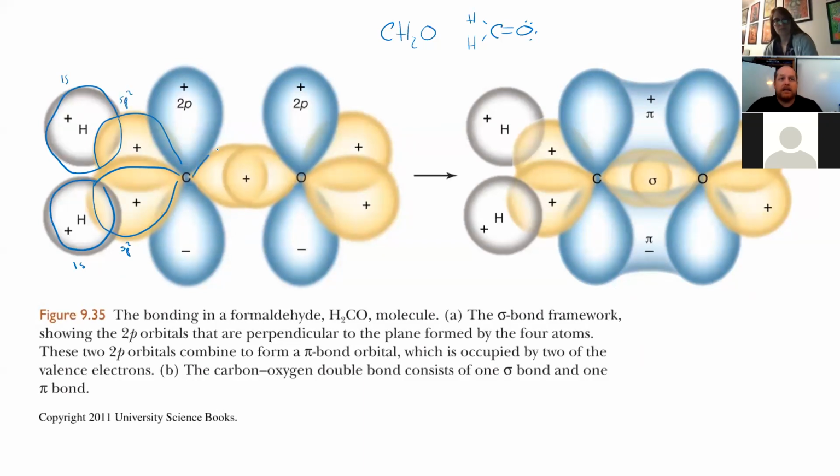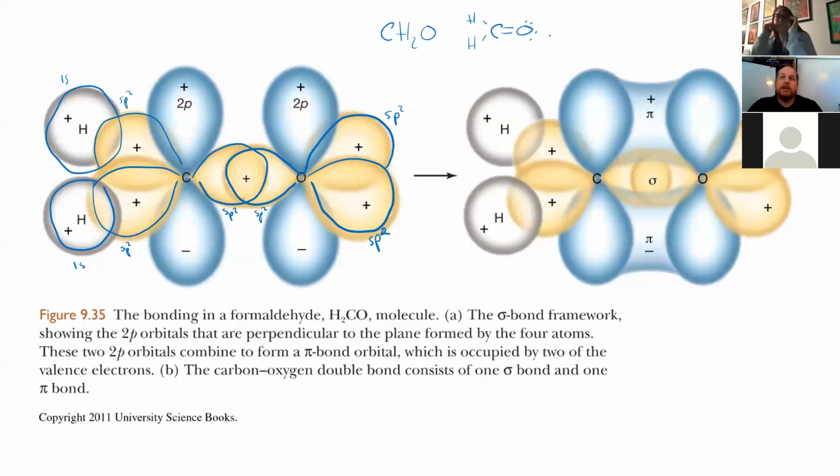And then the carbon has this other sp2 hybrid orbital. And the oxygen has 3 sp2 hybrid orbitals. Okay, so the oxygen has these sp2 hybrid orbitals, and there are 3 of them.